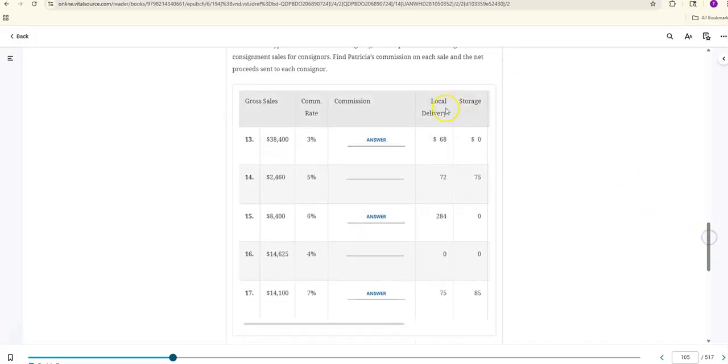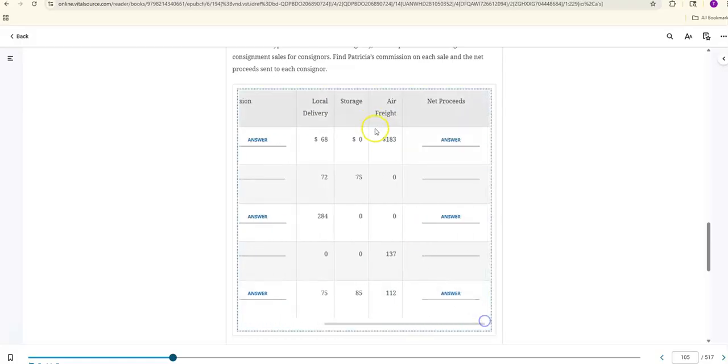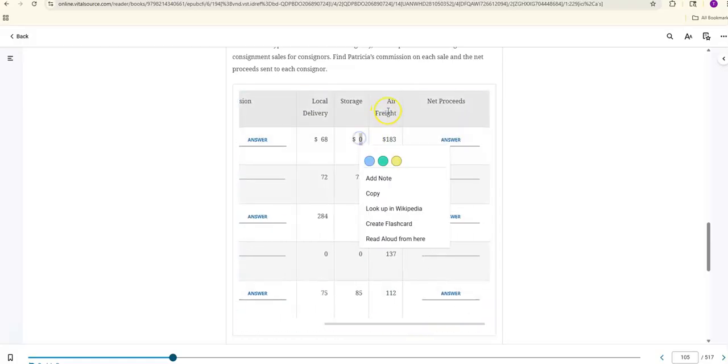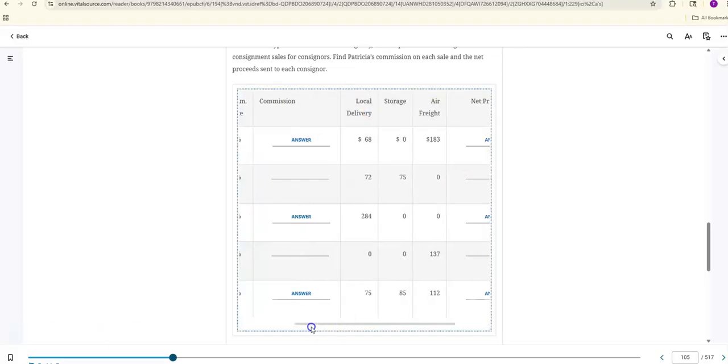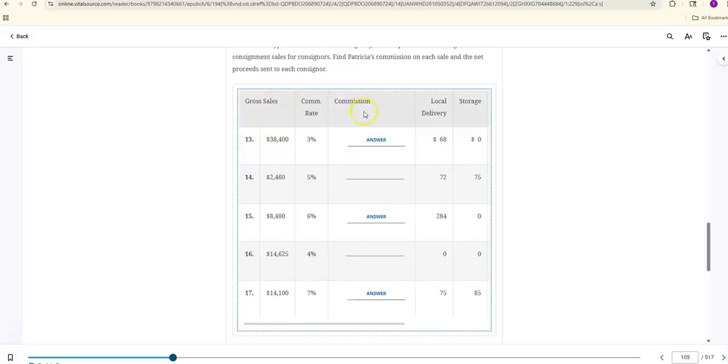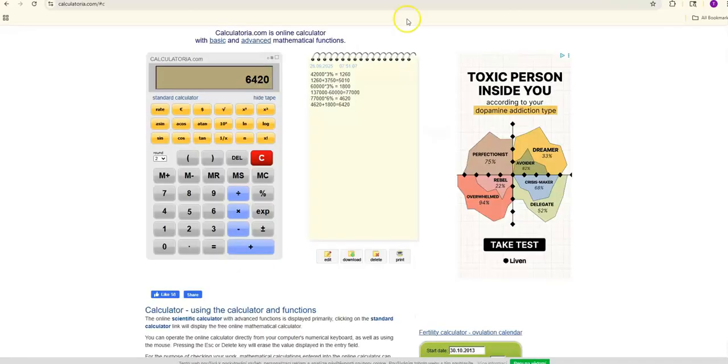But this time, there is a delivery charge. There's also a storage charge, however, it's 0. And there's also air freight. So remember, we have to calculate both the commission as well as the net proceeds. And so let's calculate the commission first.